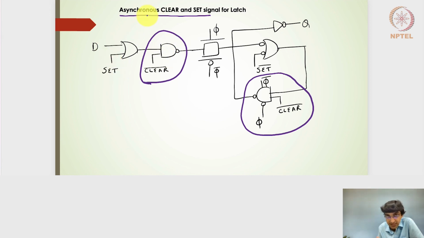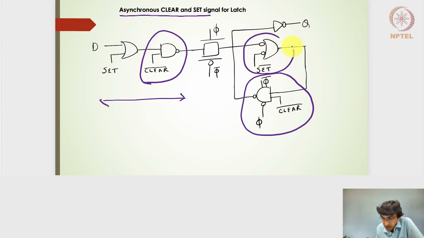For the synchronous clear and set signal, the same designs will come here in the forward part, and in this particular part, instead of an inverter here, we have used the bubbled OR gate, right? And then in this particular OR gate, we will apply the set signal. So here it is the set bar and here it is the set.